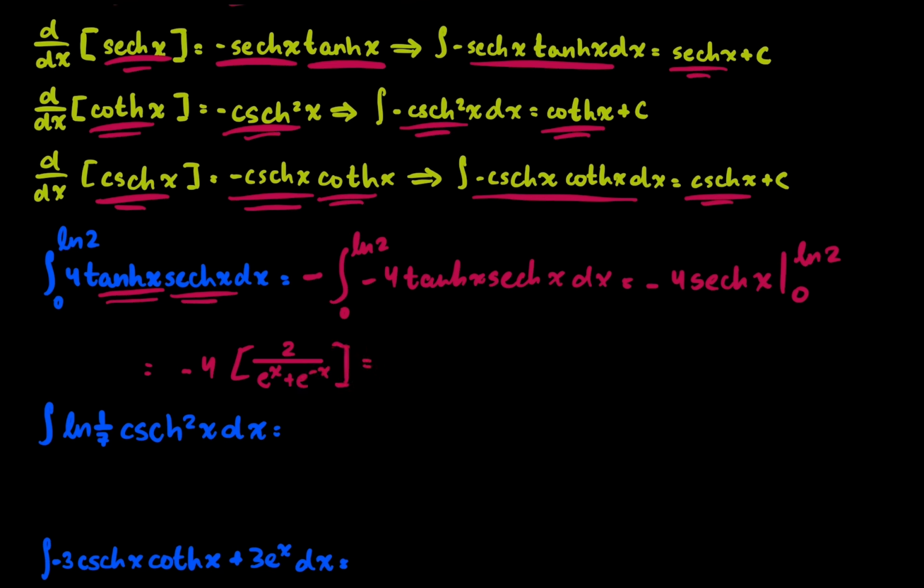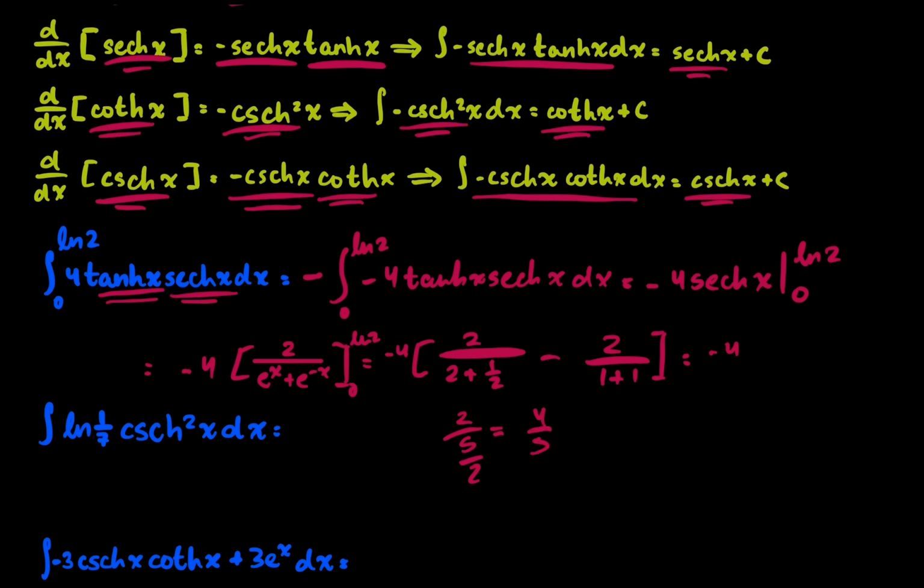When we evaluate that from 0 to ln 2, we get negative 4 times 2 over e to the natural log of 2, which is 2, plus 1/2, and then we subtract 2 over e to the 0, which is just 1, plus e to the negative 0, which is also just 1. So that's negative 4 times 2 over 2 plus 1/2. That's 2 over 5 over 2, if I'm not mistaken, which is equal to 4 over 5.